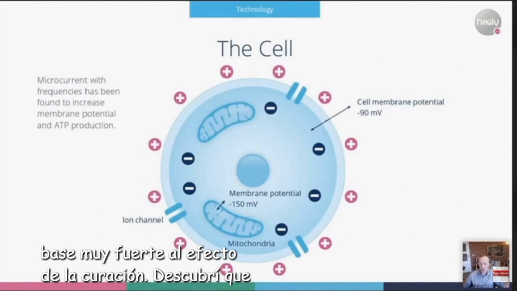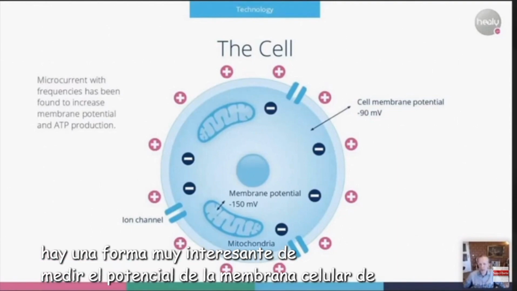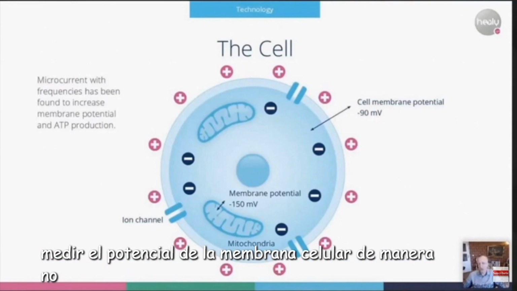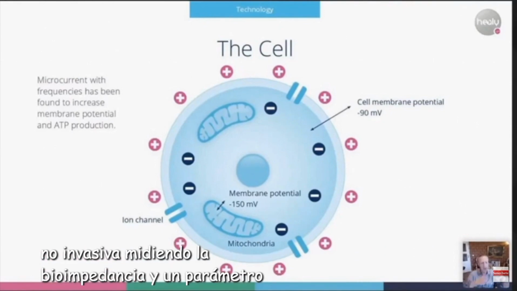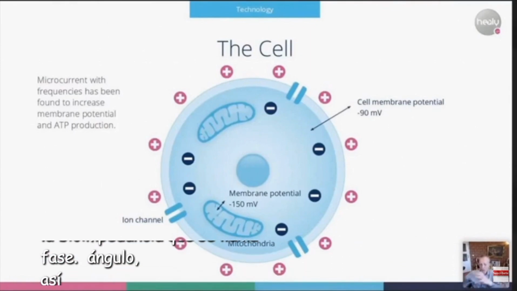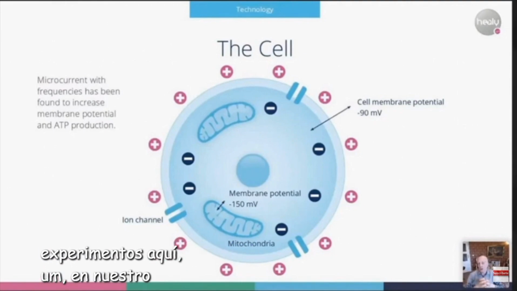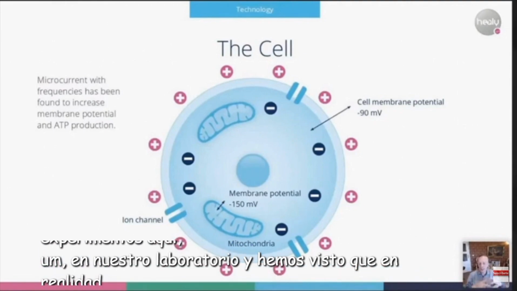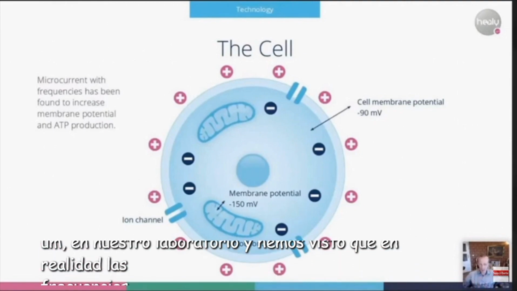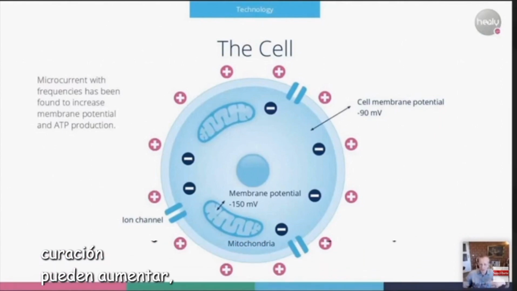I found there is a very interesting way to measure the cell membrane potential non-invasively by measuring the bio-impedance and a related parameter from the bio-impedance, which is called the phase angle. So we have done lots of experiments here in our laboratory and have seen that the low microcurrent frequencies applied by Healy can increase this.